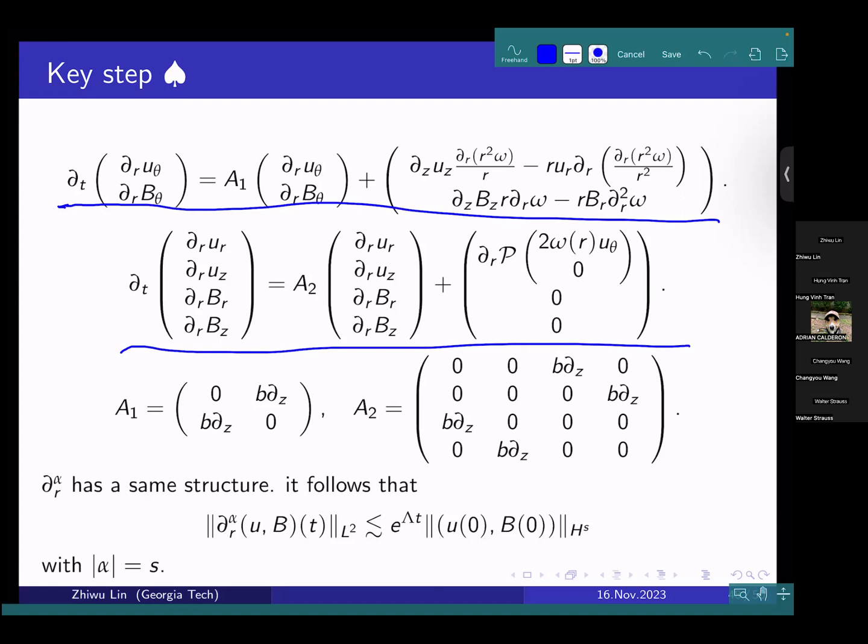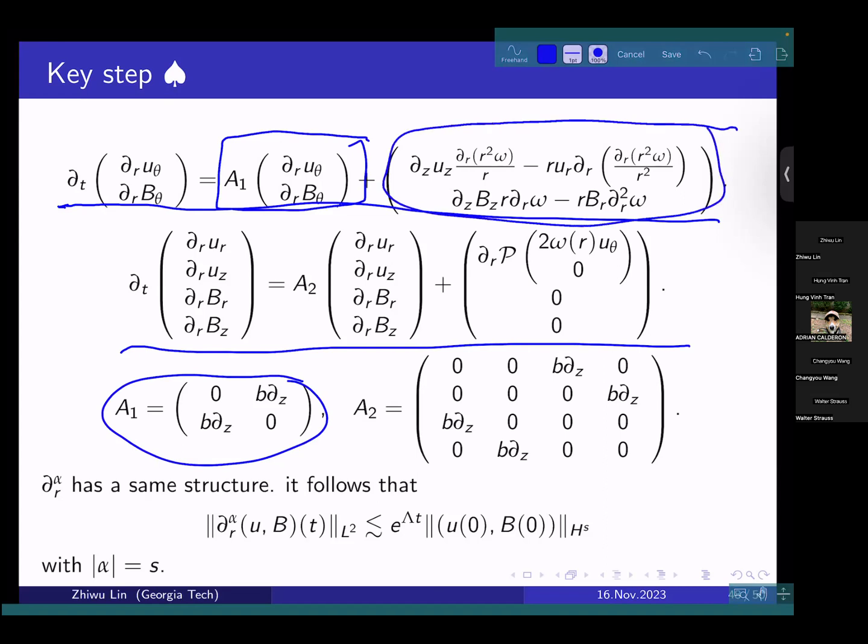For these two, the linearized equation is given by an anti-self-adjoint operator A1, plus some other terms which have already been controlled, for example, a z derivative or no derivative. Those things we already controlled by using the Hamiltonian structure.